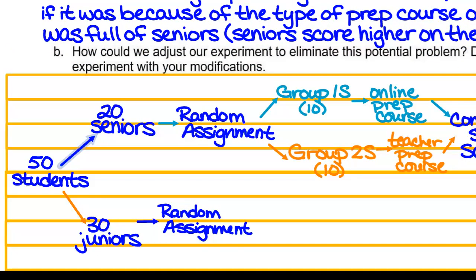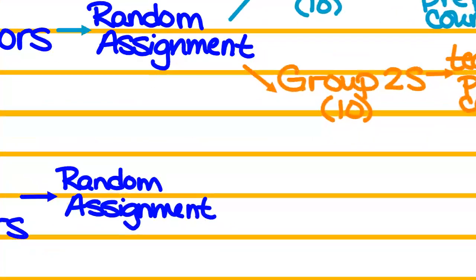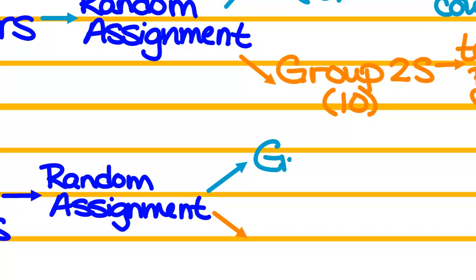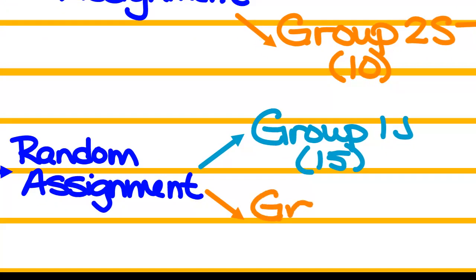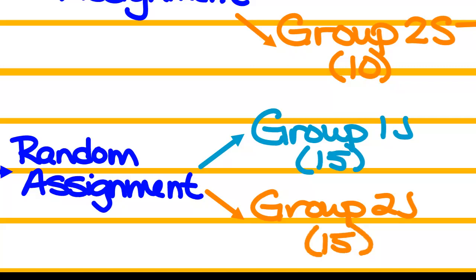Into 2 groups of 15 each. What can I call these 2 groups? 1J and 2J. Group 1J, 15. Group 2J, 15. I hope those lines aren't confusing you guys too much.